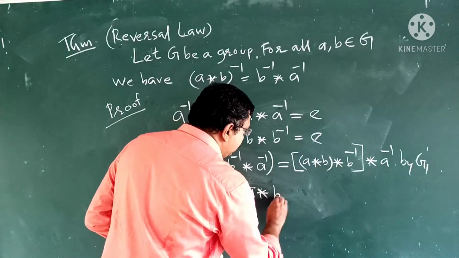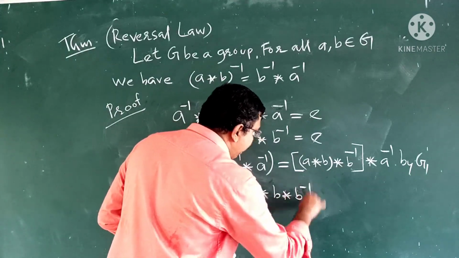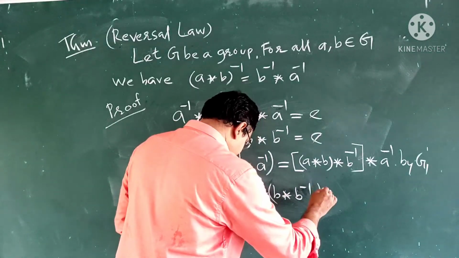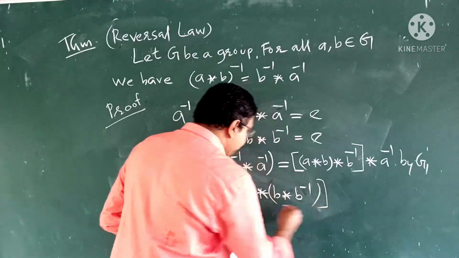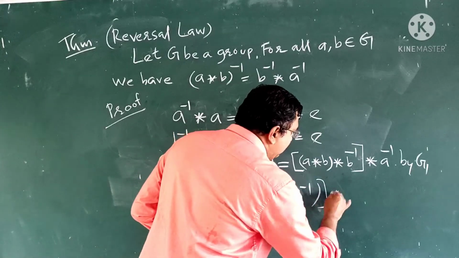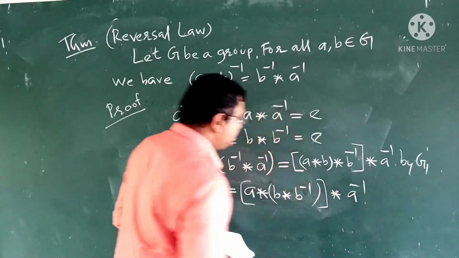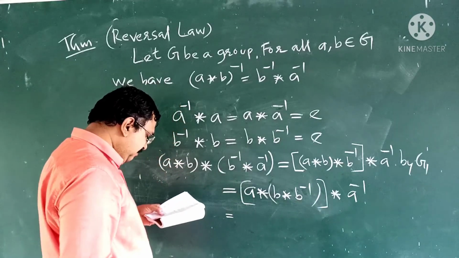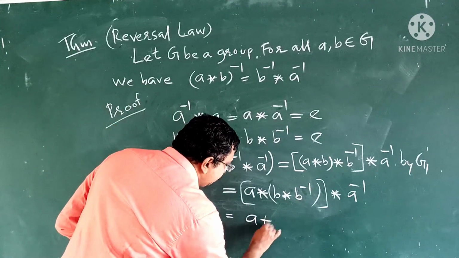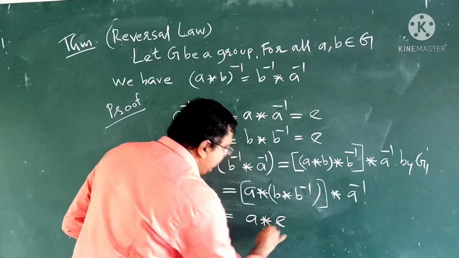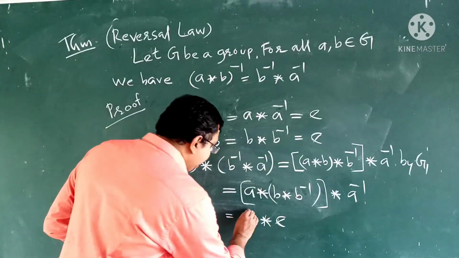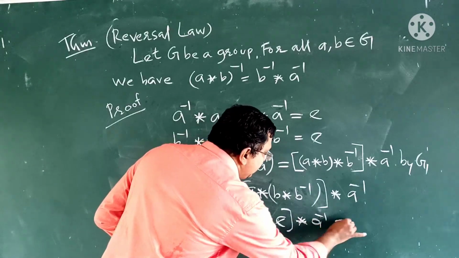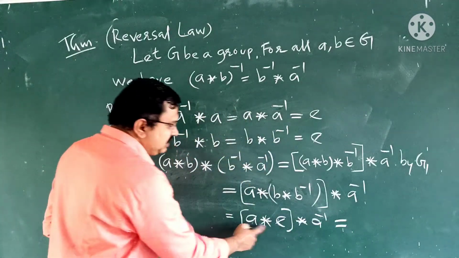Then this can be written as A star (B star B inverse) star A inverse, that is equal to, what is B star B inverse? We know that B star B inverse is E. A star E star A inverse, that is equal to, what is A star E?